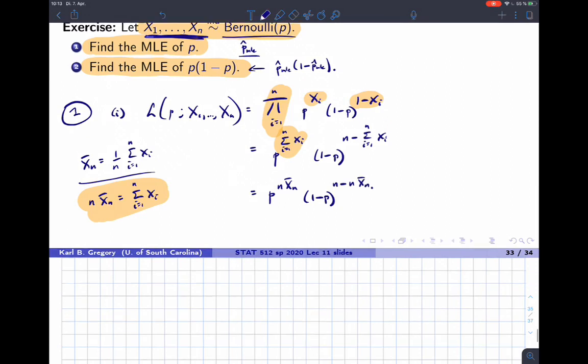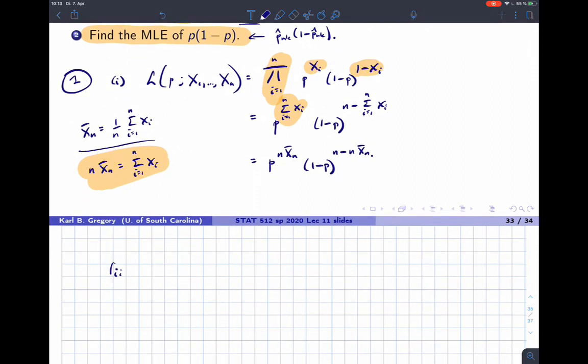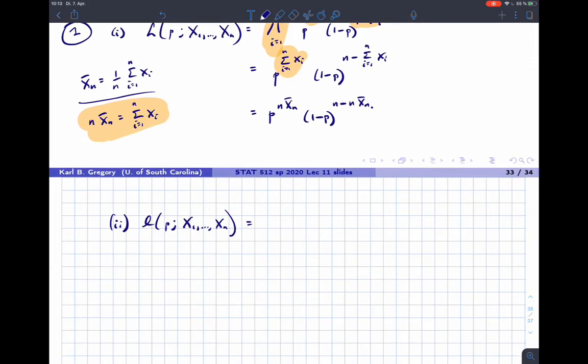Okay, so let's write the likelihood in that way. And now let's find the log likelihood. So we just want to take the natural log of this. So we're going to get n x bar times log p plus n minus n x bar times log 1 minus p.